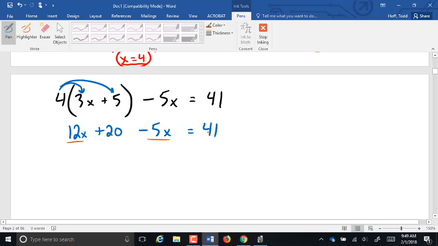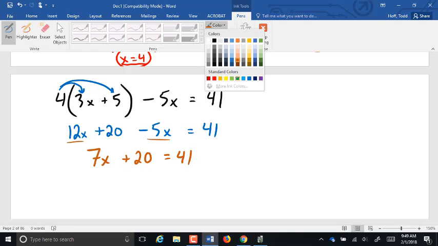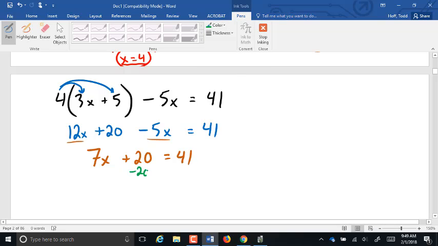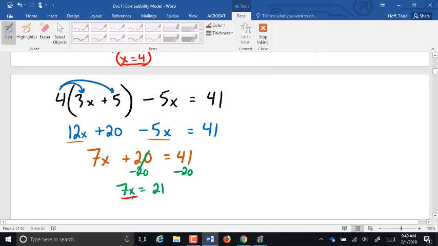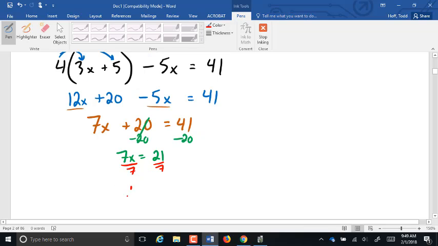We're going to combine the 12x and negative 5x to make 7x. Still got the plus 20 there, so 7x plus 20 equals 41. And then subtract 20. 7x equals 21. And then divide by 7. X equals 3.